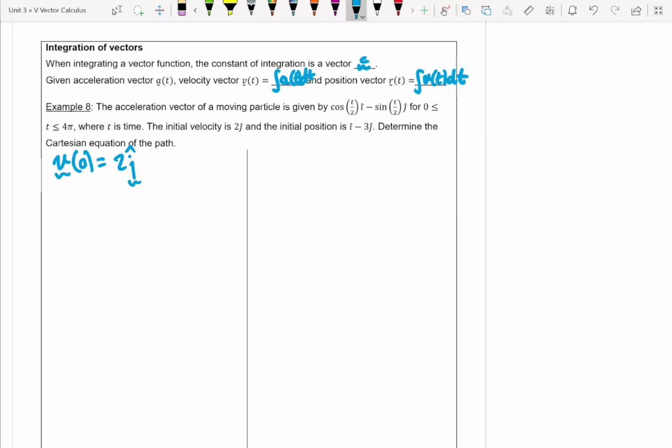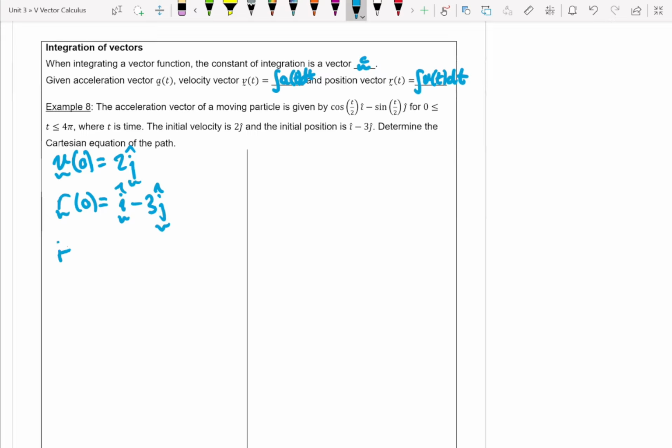That's going to be useful for finding the constant of integration going from acceleration to velocity. We're also given the initial position, r of 0 is equal to i minus 3j, useful for the constant of integration going from velocity to position. And we're asked to determine the Cartesian equation of the path.